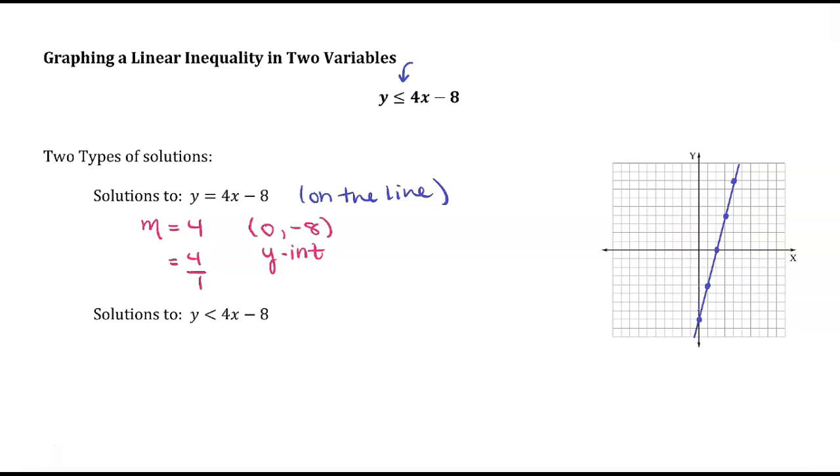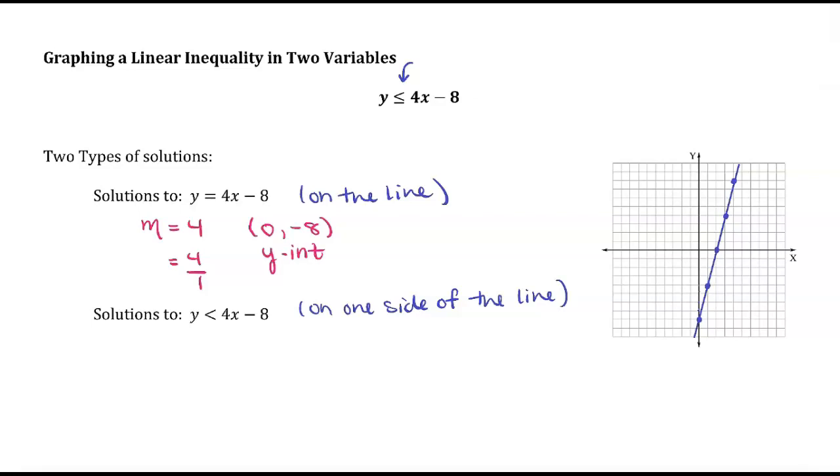The other type of solutions to this inequality are values where y is less than 4x - 8. These are going to be ordered pairs that are on one side of the line. What we need to figure out is if the solutions are on this side of the line or this side of the line. We're going to figure that out by using a test point.